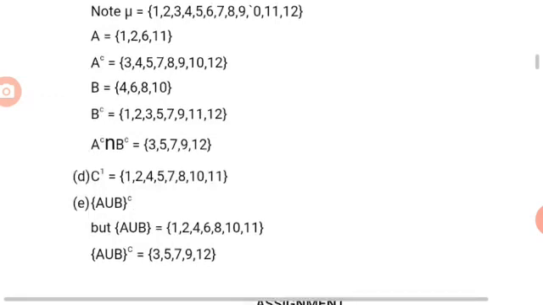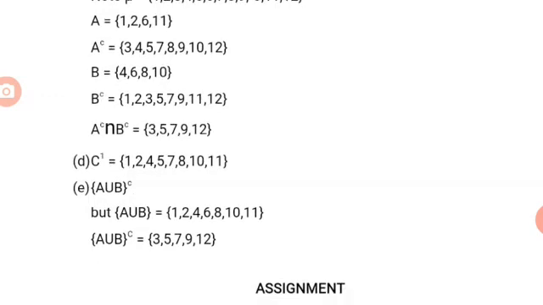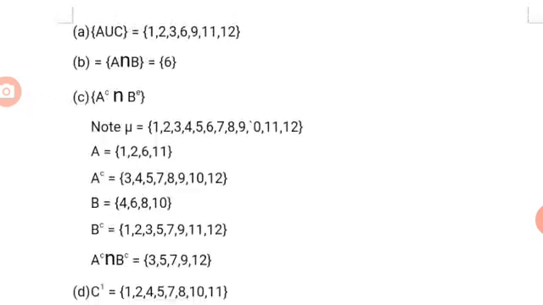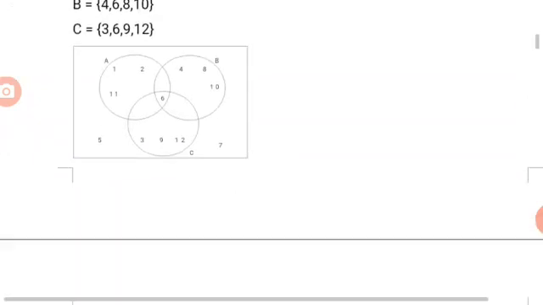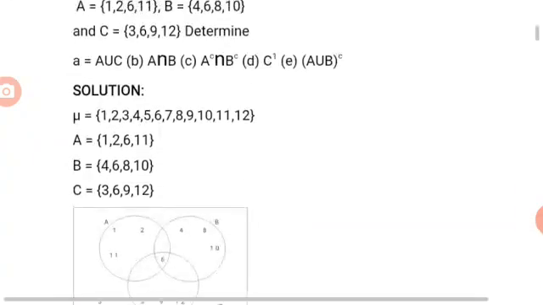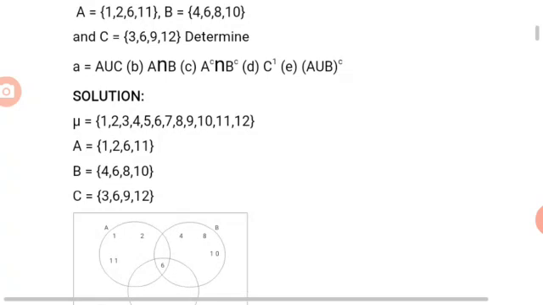Then C complement. C complement is what is in the universal set but not in C. What is in set C is 3, 6, 9, 12.